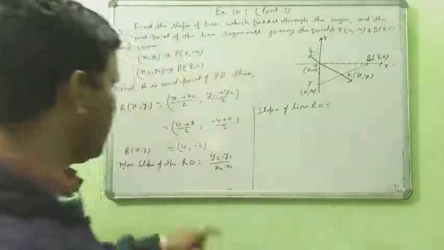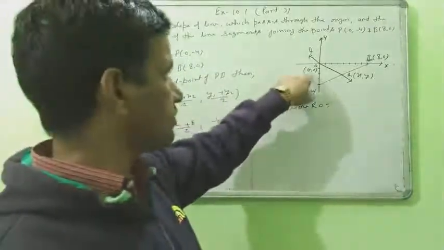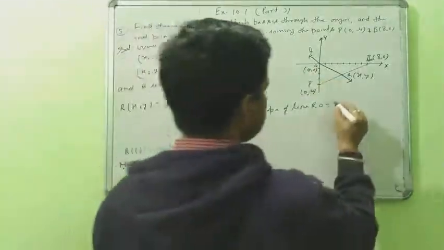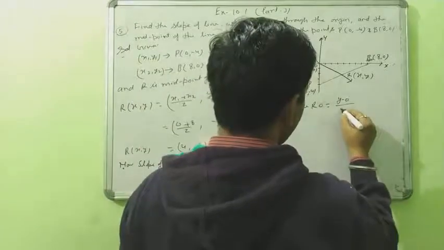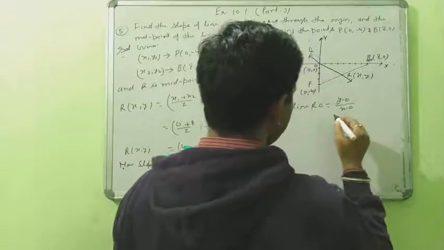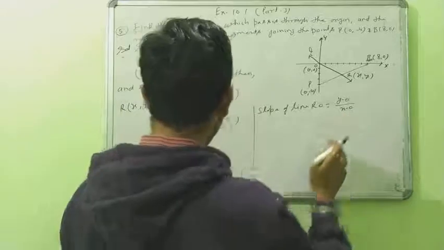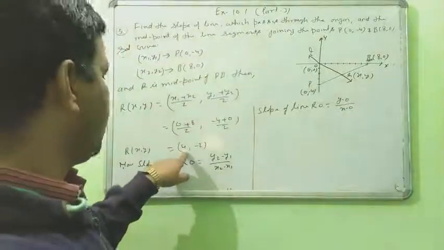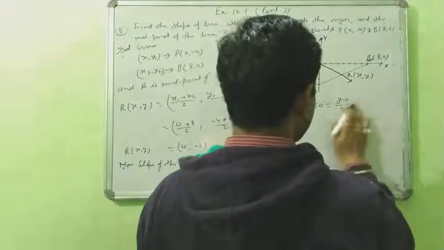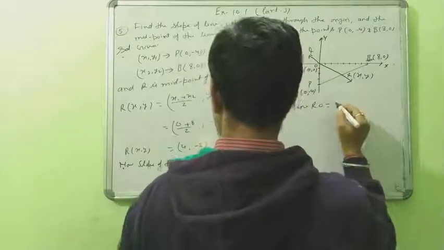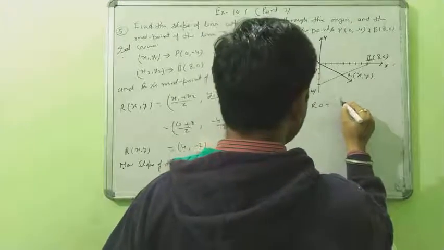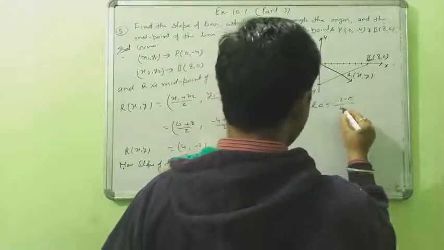Take these as x1, y1, x2, y2. So y2 means y minus 0 upon x minus 0. And what are the values of x and y here? x is 4 and y is -2. So it is (-2 minus 0) upon (4 minus 0).